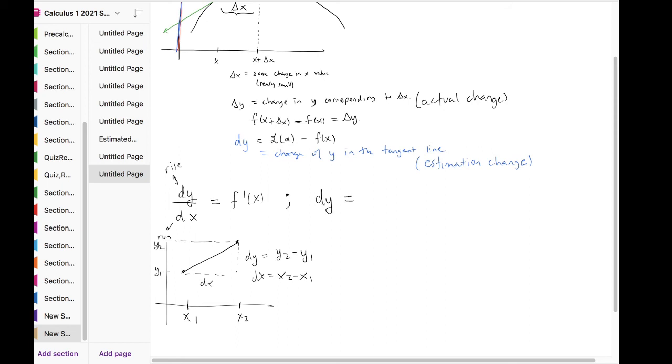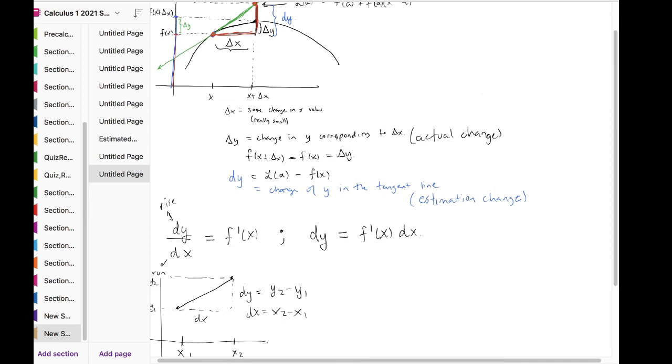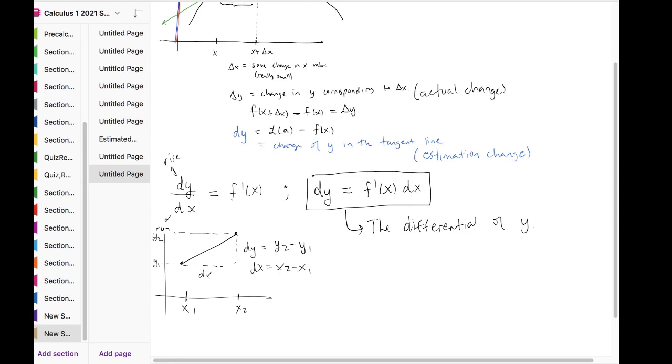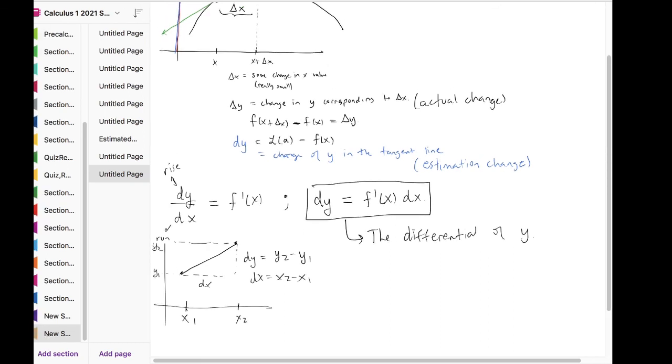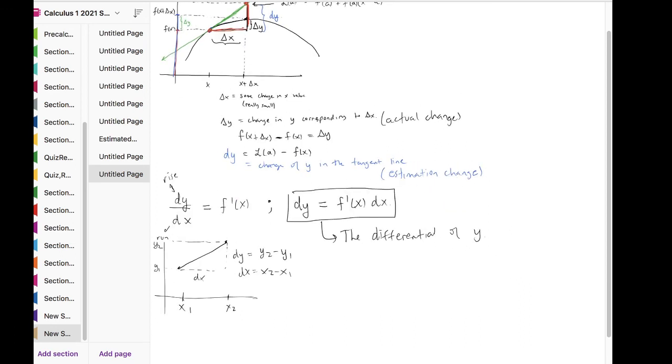Dy is precisely the derivative times dx, the change in x. This is called the differential of y. So essentially, it's the derivative attached on with a dx. So it's a product. Right now, we're just understanding. We'll get to questions, but this is the intuition behind it. But this formula is just what you need to know.